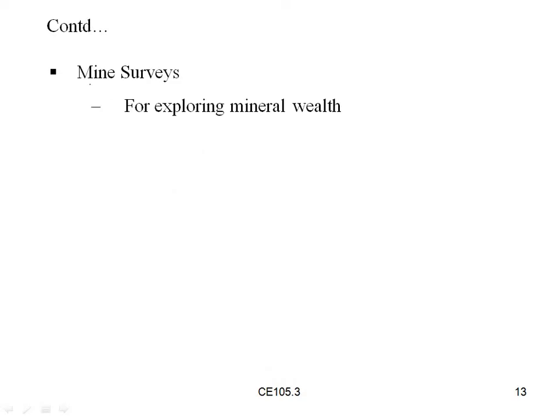So this is the classification of surveying on the nature. And next, mine surveys. These mine surveys are also done under the ground level. For what purpose do they do the mine surveys? For exploring mineral wealth. Examples are coal, iron ore, and gold also is available under the ground surfaces.